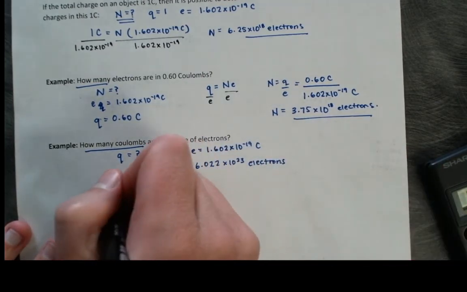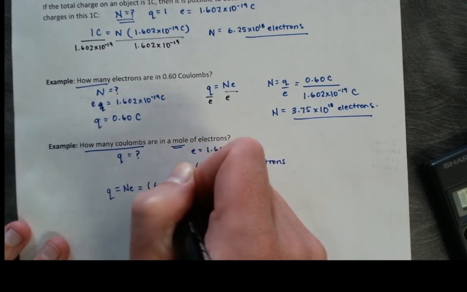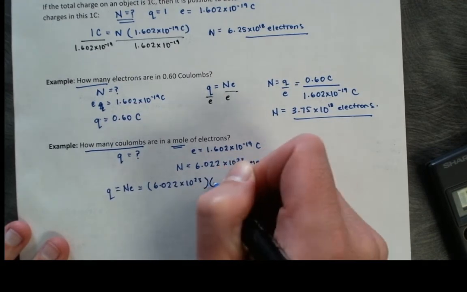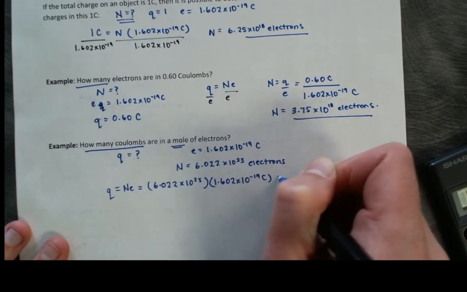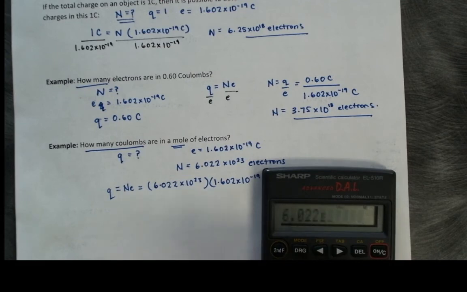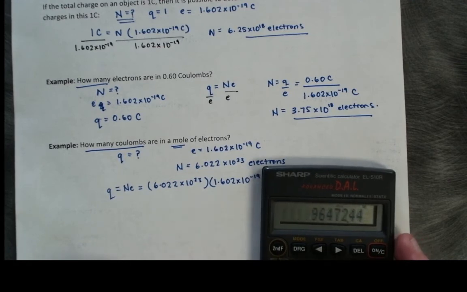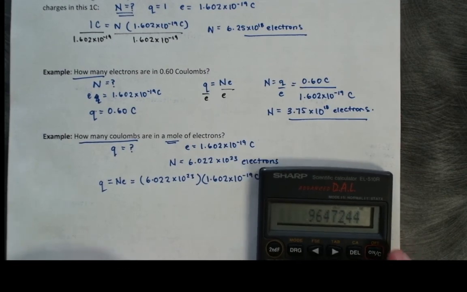So we are able to solve for Q. N times E, 6.022 times 10 to the 23 times 1.602 times 10 to the negative 19 coulombs per electron. We get 96,472 coulombs of charge in a mole of electrons.